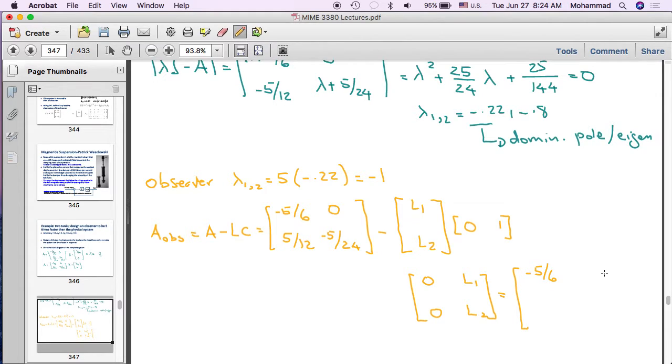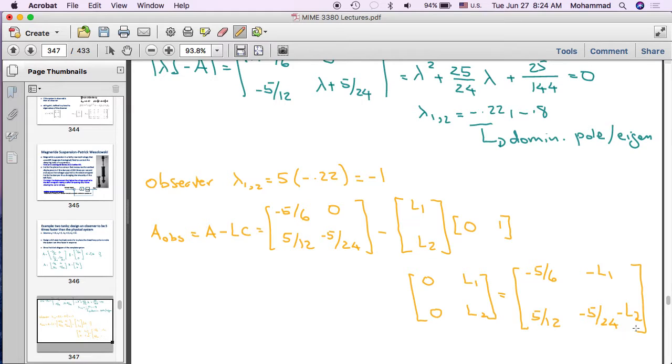Then we have 0 minus L1, so we have minus L1. Then we have 5/12 subtracted by 0. And then lastly, we have minus 5 over 24 minus L2. This is the A matrix of the observer.